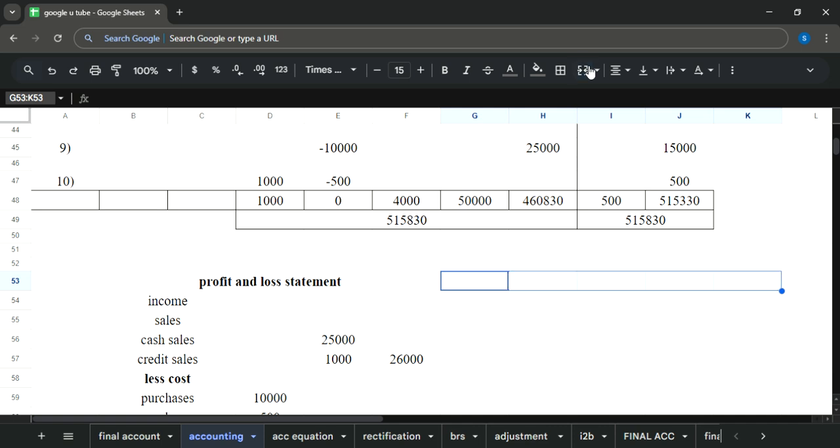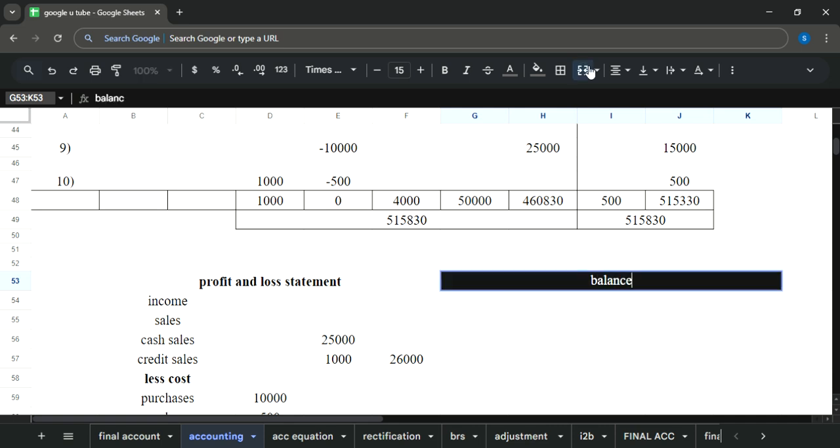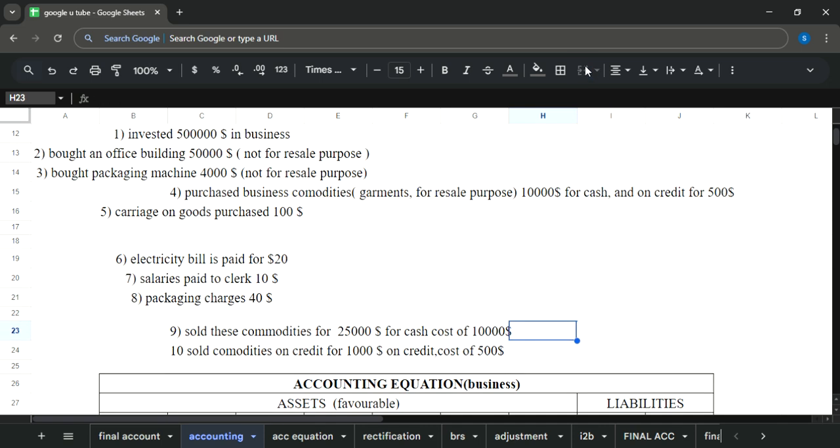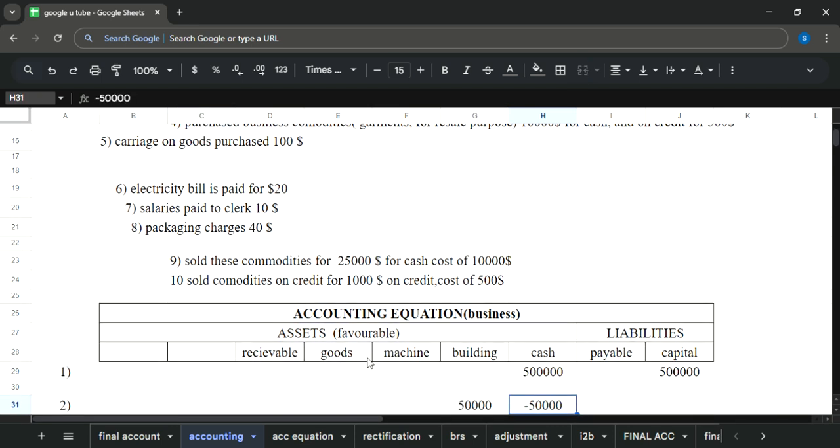So guys, here we will be making balance sheet, and this would have two sides, one of which would be considered as your assets, that means favorable, just like we have done in previous lecture to understand the difference of assets and liabilities.